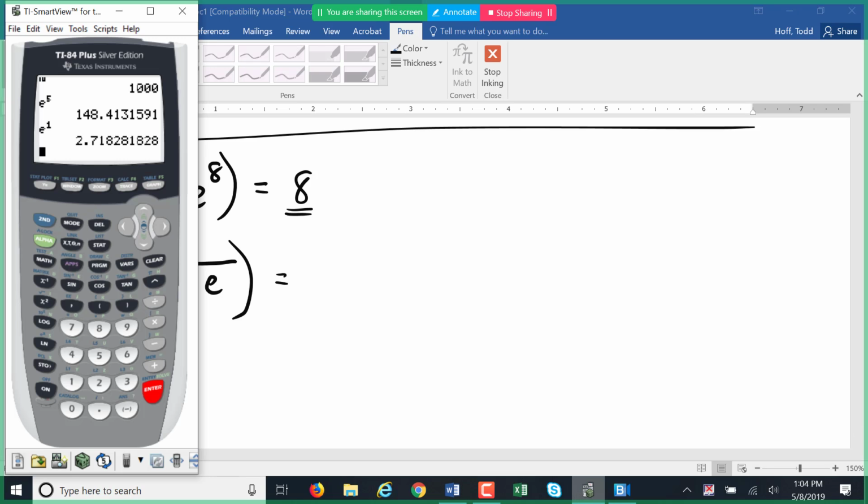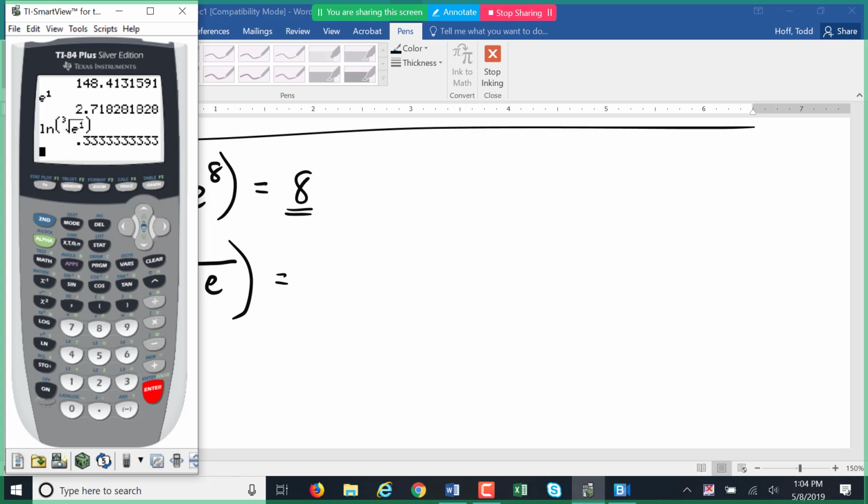Gotta be careful how you enter that one. ln, then you've got to do 3 third root e to the 1, then you've got to arrow out to get your parentheses in the right spot.